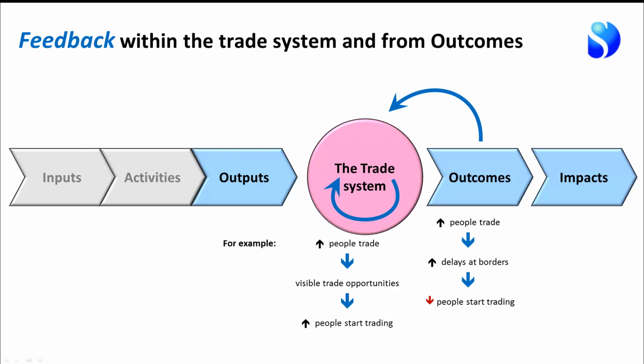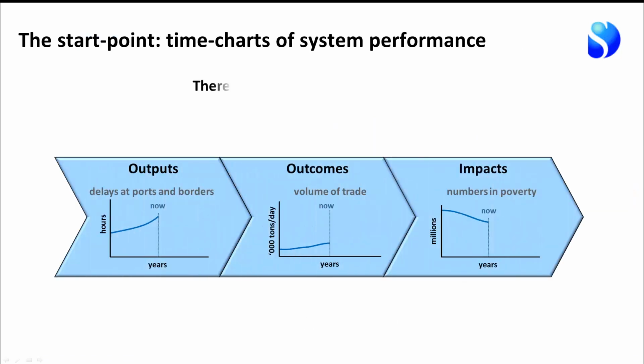How does system dynamics go about dealing with those issues? Well, our start point for all of this is that we start with time charts of performance on any of the items in the structure. So an output we might want is reduced delays at ports and borders. Here we've actually got delays at ports and borders increasing, which is undesirable.